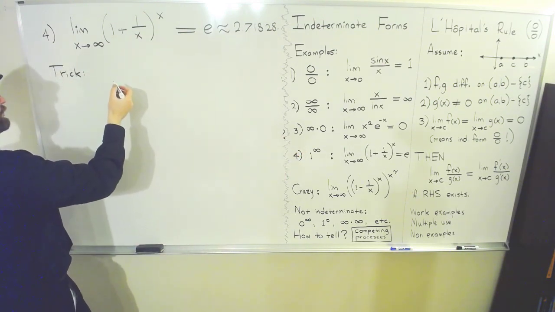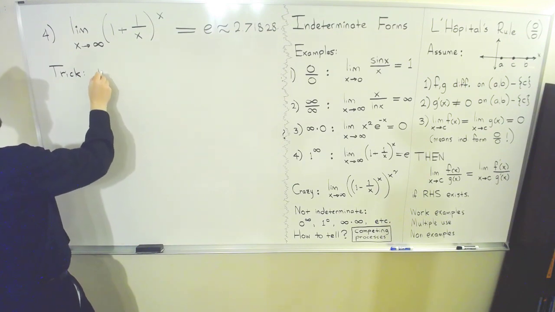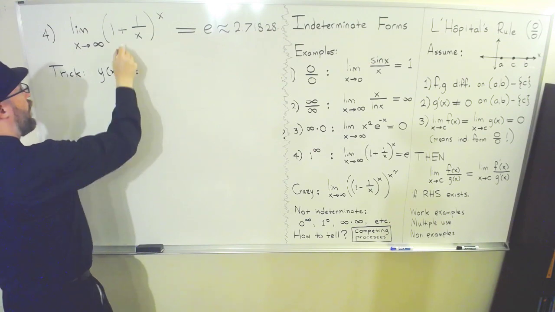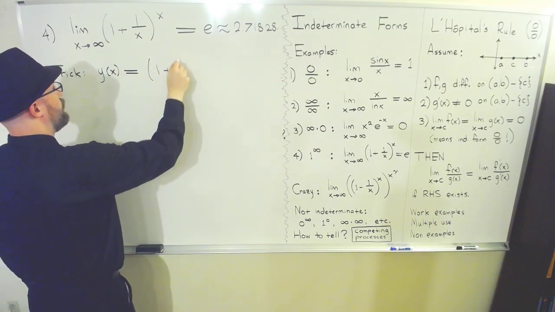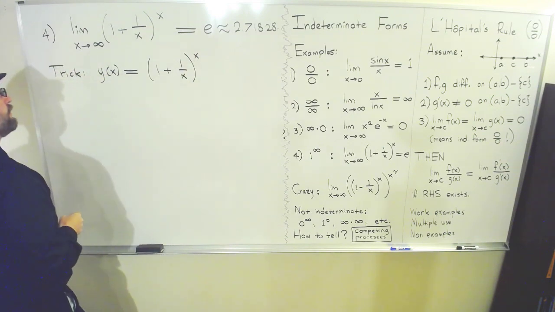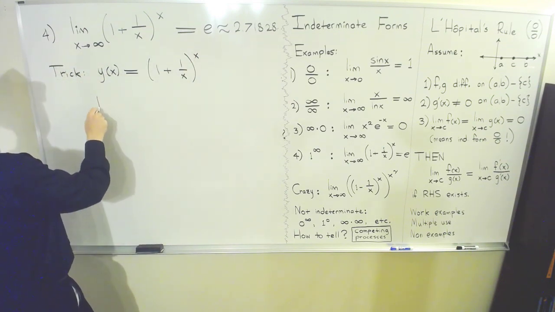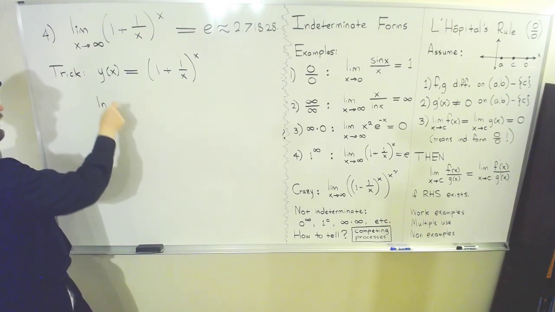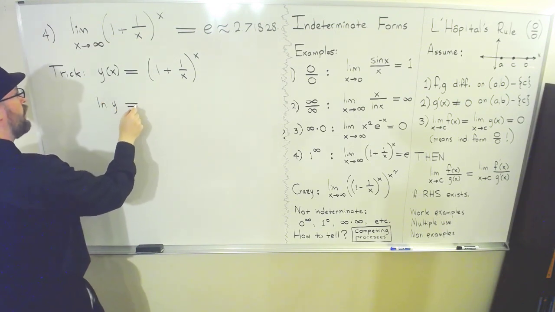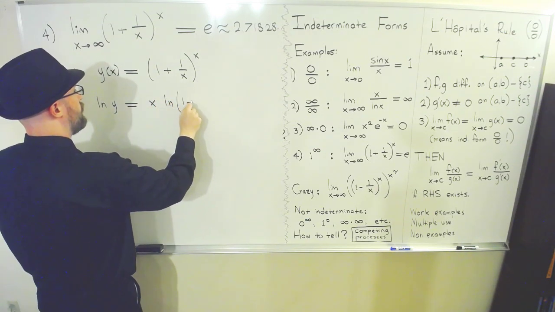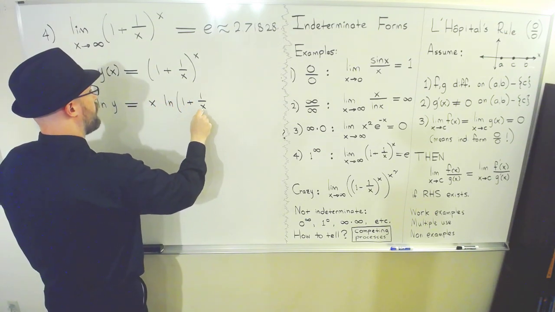So I'm going to start by writing y as a function of x. And y is going to be this expression here, 1 plus 1 over x raised to the x power. And then the natural log of y, I'm going to leave off the of x here just because it gets messy. ln of y is just x times ln of 1 plus 1 over x.